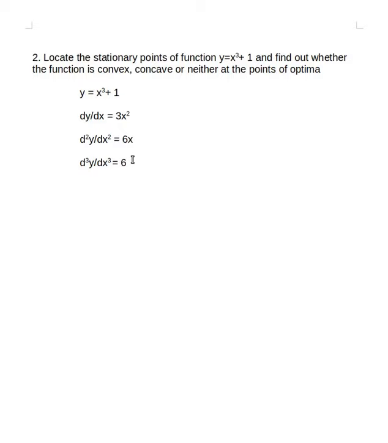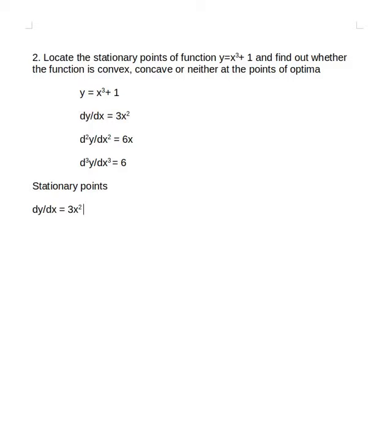First we have to find out the stationary points, that is the first step. So for that we have dy by dx equal to 3x square and we have to equate this equal to 0.